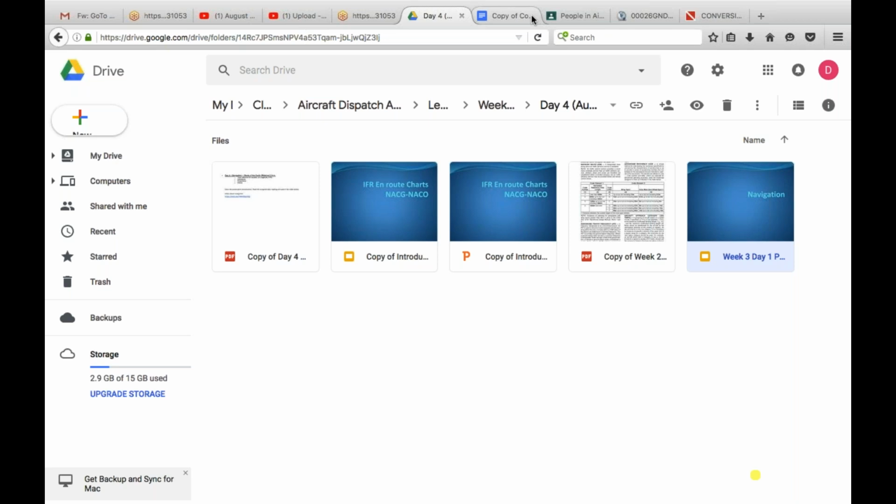What are the 3 things that the pilot must carry with him in the cockpit to the destination? Dispatch release, flight plan, and load manifest. Perfect. Couldn't have said it better myself.